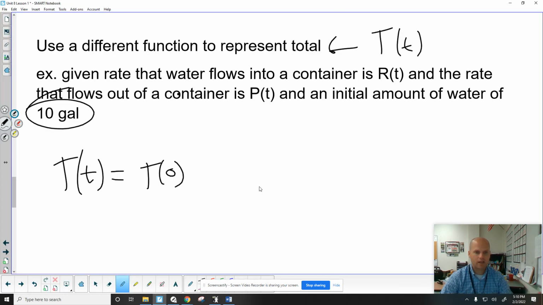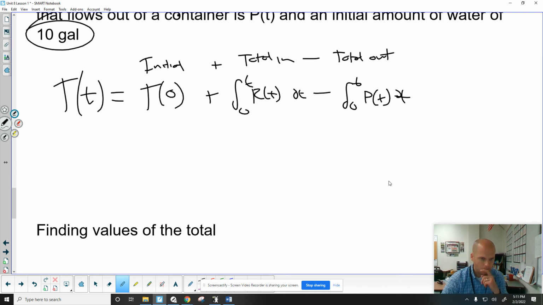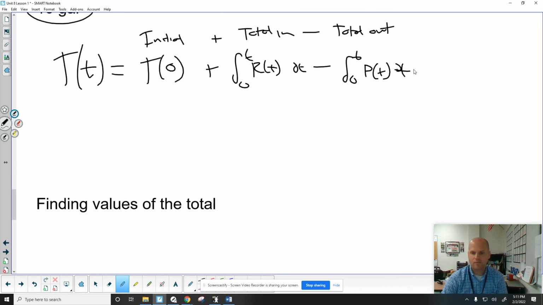And that's what I've got here: your initial, plus total in, minus total out. Okay? Cool. And that's how I'll find values of the total.